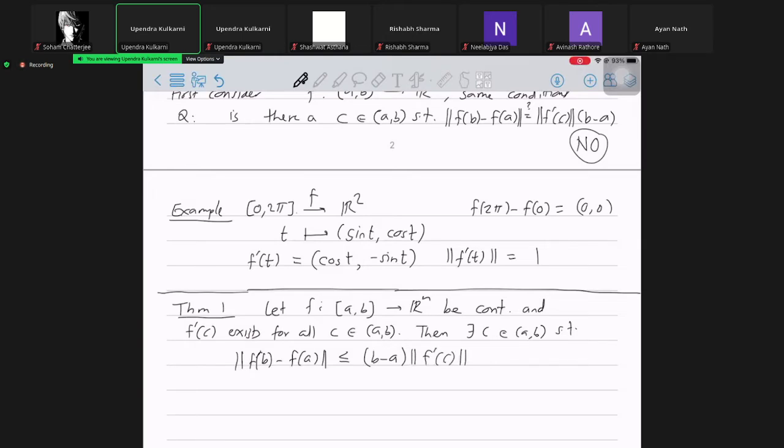And again, remember, the vectors f of b and f of a, and therefore their difference, are in Rn. F prime of c is also in Rn, and the norm that I'm taking is the Euclidean norm, right? You cannot say here that it doesn't matter which norm I take. Those are soft things. Whether something is continuous or not, the norm doesn't matter. Whether something is differentiable or not, the norm doesn't matter.